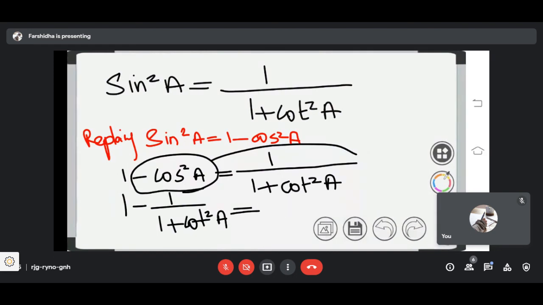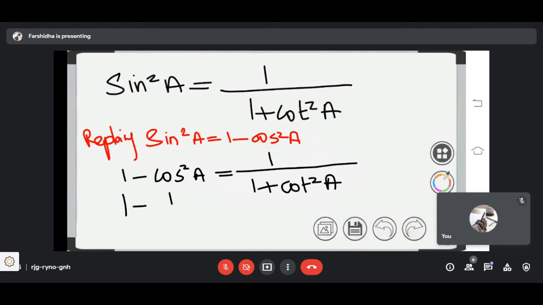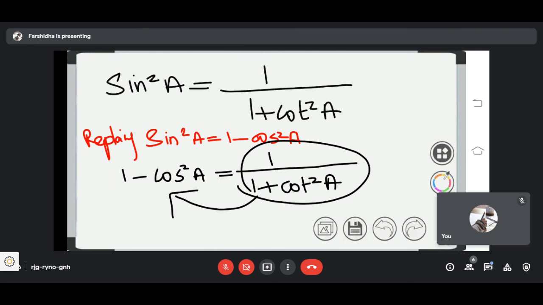Once again, I'm taking this whole term to this side. This whole term has a positive sign, so when I take it to the other side, plus will become minus.